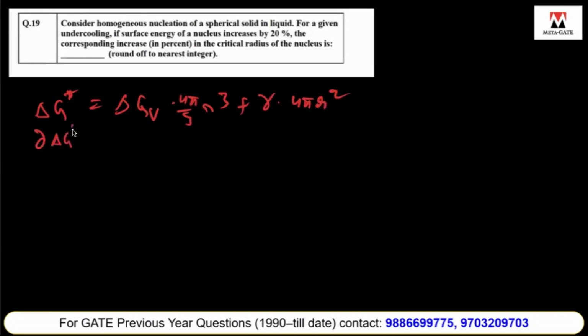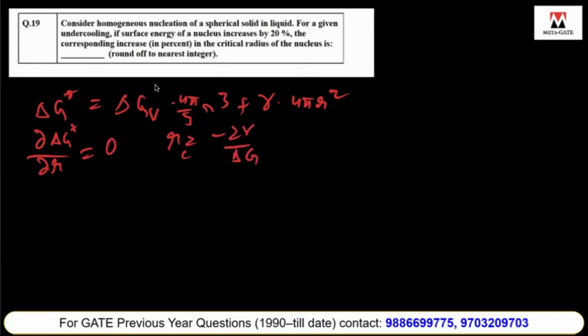If you consider the activation energy for the nucleation, it is delta GV into 4 pi by 3 R cube plus surface energy into 4 pi R square. To calculate the critical radius, you need to find the radius at which the activation free energy is maximum, so you differentiate it and make it zero. So you get critical radius as minus 2 gamma by delta G.